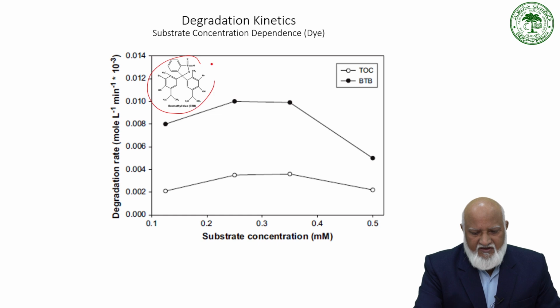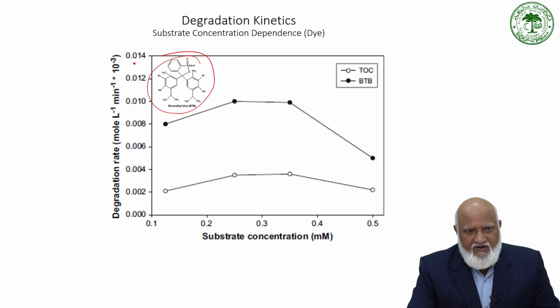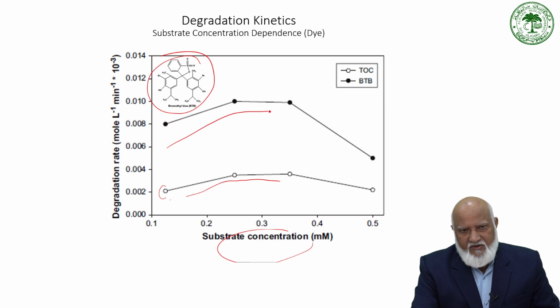This is another substrate, and we have also seen the substrate dependence of the reaction. The rate increases to some extent with the increase in substrate concentration, and then decreases.